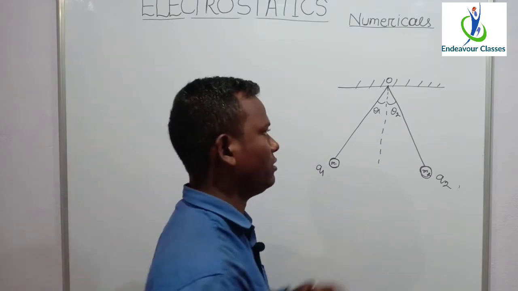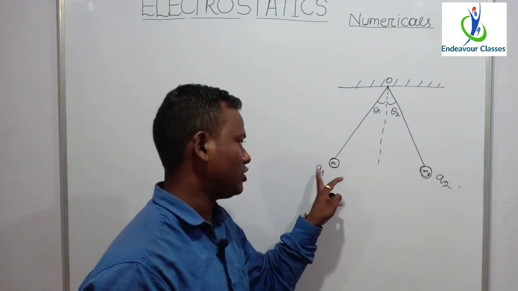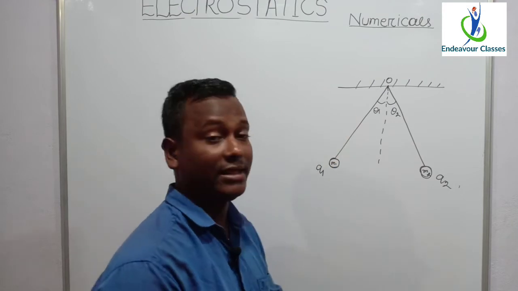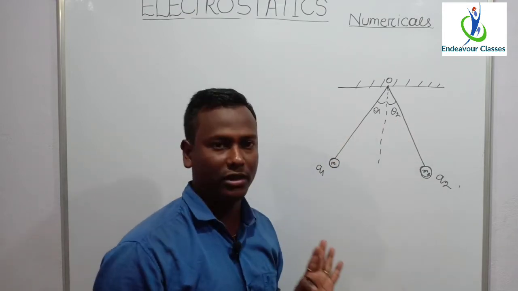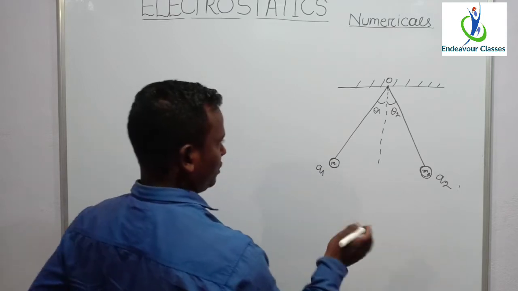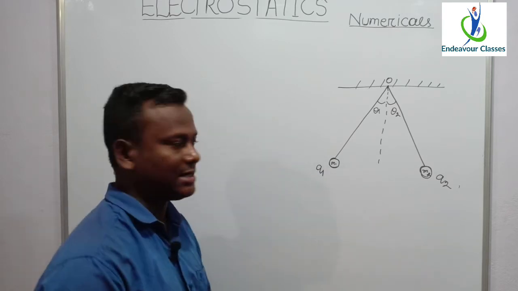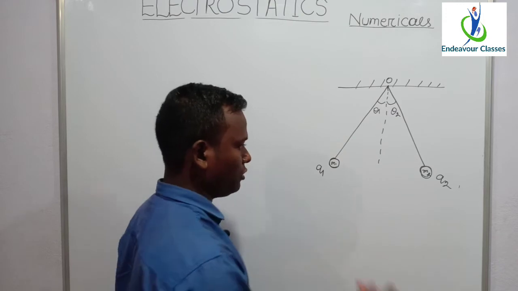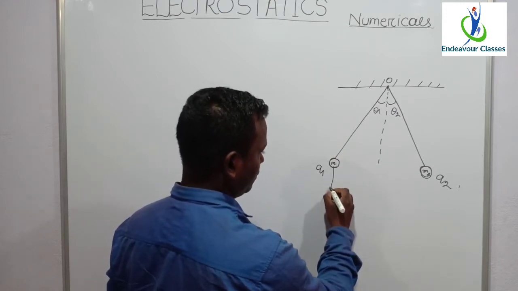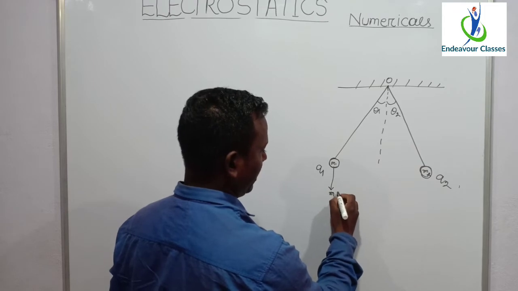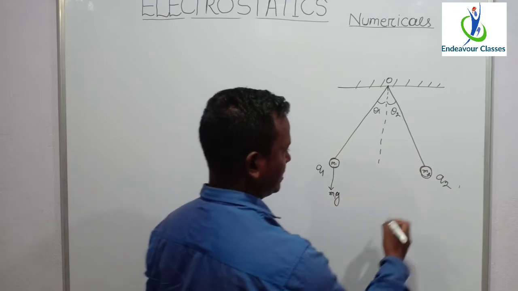If you analyze the forces here, let us draw all the forces. As this has a mass m1, its weight will be m1g acting vertically downwards.